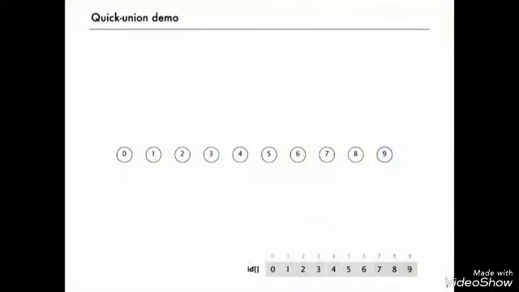So again, we start out the same way, but now the id array entry really means that every one of these things is a little tree with one node each, every one pointing to itself. It's the root of its own tree. So now if we have to put 4 and 3 in the same component, then all we do is take the root of the component containing the first item and make that a child of the root of the component containing the second item.